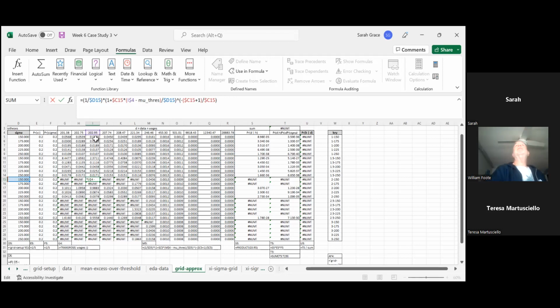I can't read it. Yeah, you've got it. It's the $4. Oh, very good. And Mu threshold, that number has to be always positive for this to work. And that's probably why we're getting a #NUM! error.